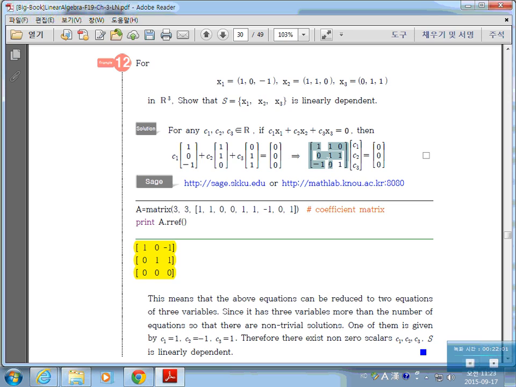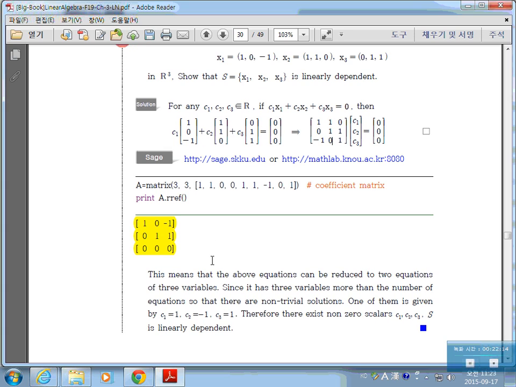Then as you see here, this vector has 0 rows like this, which means it does not have a unique solution, and the sum C1, C2, C3 can be 0, or it may not be 0, to have this condition satisfied, which means these are not linearly independent. That is, S is linearly dependent. Okay.